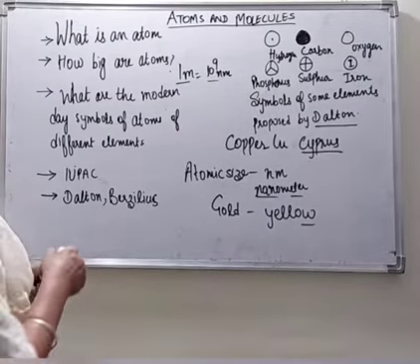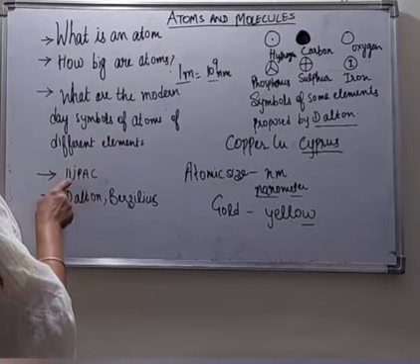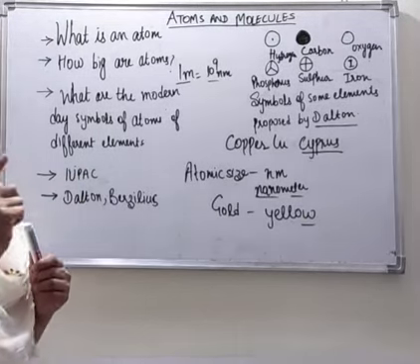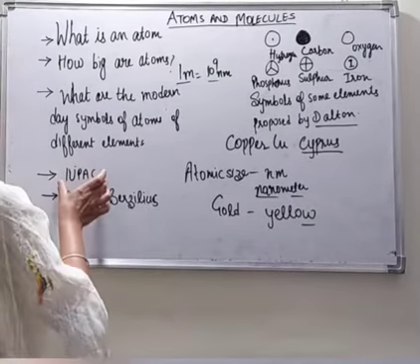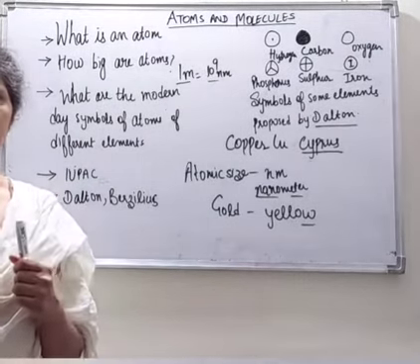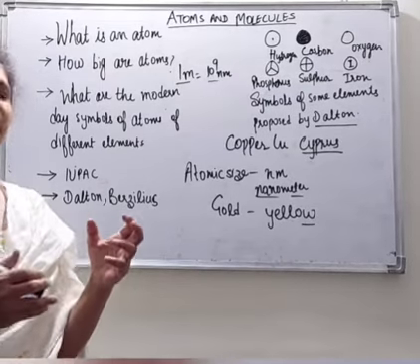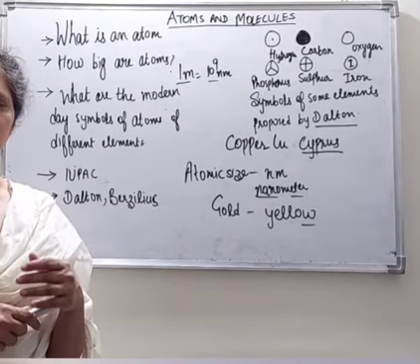Now students, there is an organization. It is the International Union of Pure and Applied Chemistry. Right students? This united organization gives the symbols of the elements. It is the verified form, and it gives the symbols of the elements.